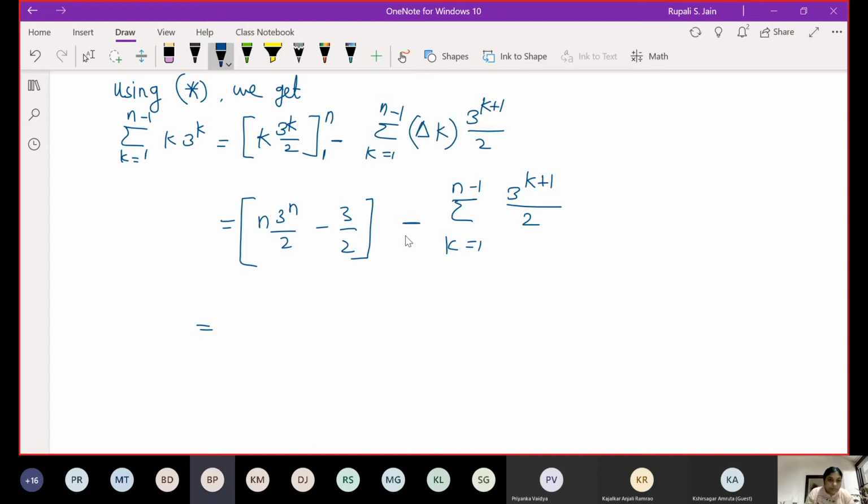Yes, ma'am. Now this will be n 3 raised to n minus 3 divided by 2, minus the summation k equal to 1 to n minus 1. Now I want to find this summation. For that, that 3 by 2 is constant, I will take it outside. And what will remain here? Let me erase. 3 raised to k.